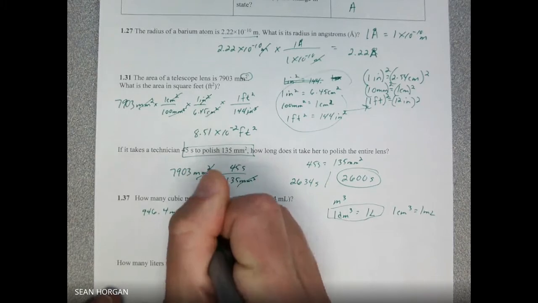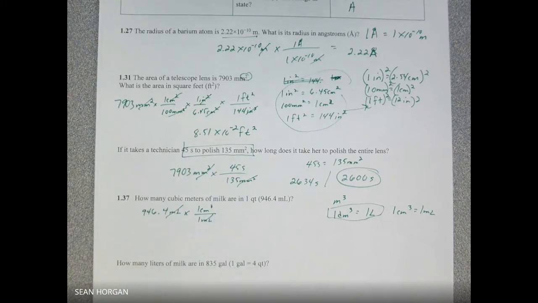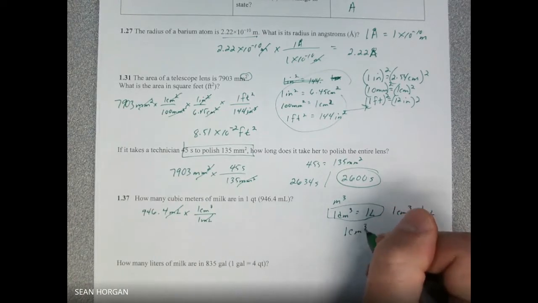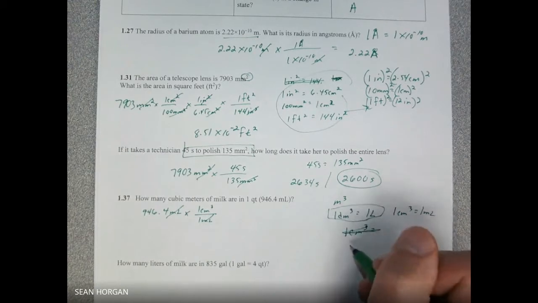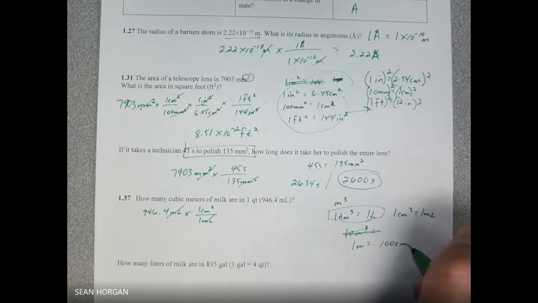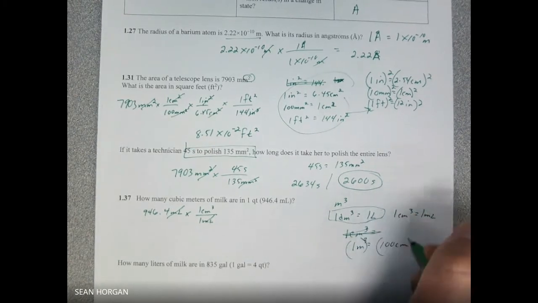1 milliliter, 1 centimeter cubed. Right? We'll even draw it on this so you can see it. And then I need a relationship between cubic meters and centimeters cubed. Well, I know that 1 meter is equal to 100 centimeters. That's common knowledge. And I'll cube the whole thing.